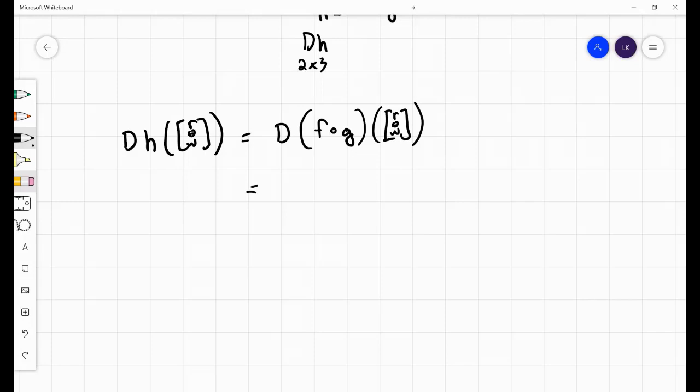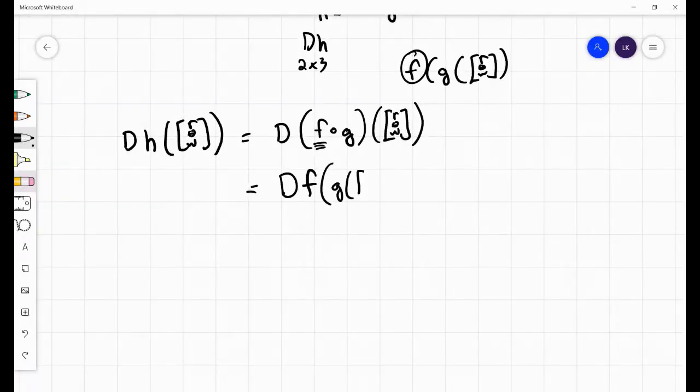The rule says you differentiate the outside function. Remember, g is inside of f, so the outside function is f. You differentiate f and evaluate that at g, and then you multiply, in terms of matrix multiplication, by the derivative of the inside function, g, at the point.